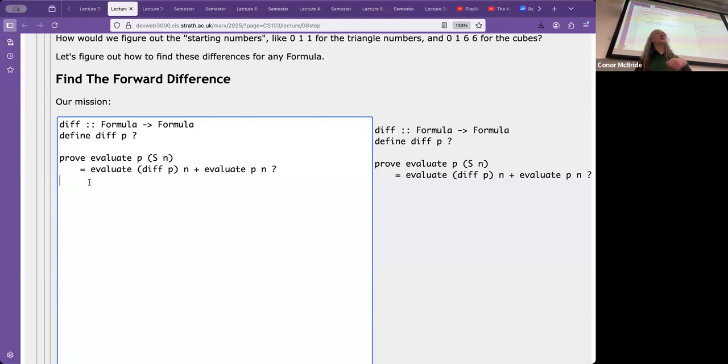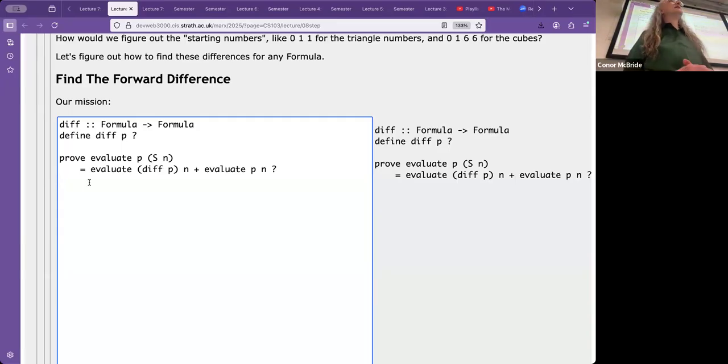So that's to say, how much bigger is P of n plus 1 than P of n? What's the step? Because what's going on in our sequences is that each row of the difference engine sequences is the difference of the row above. So we're going to explore this notion of difference.